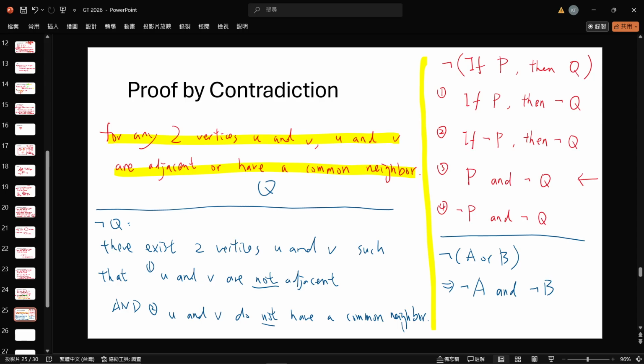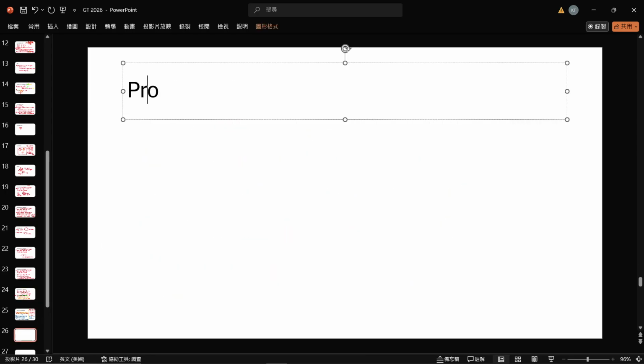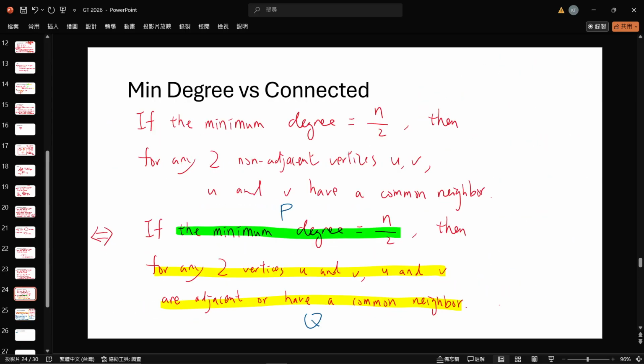Okay, now we can put this all together to find the negation of this statement. So we will assume the negation holds, which means we assume the minimum degree is, I think I'll change this equal to at least, okay?